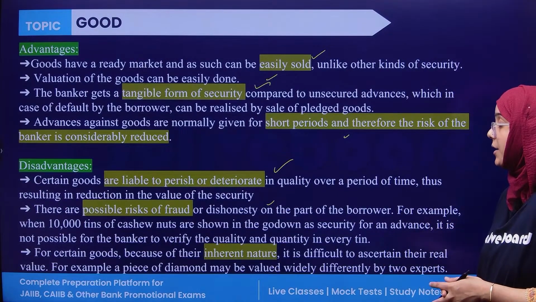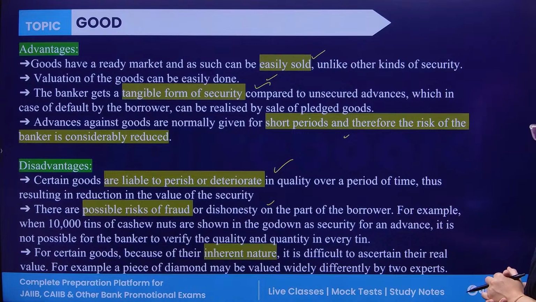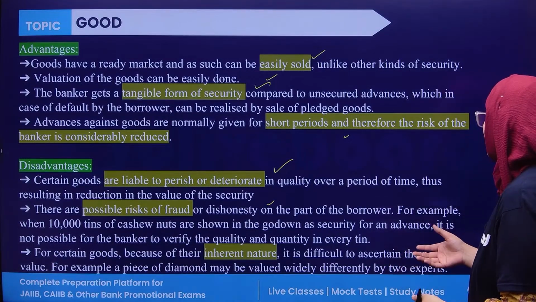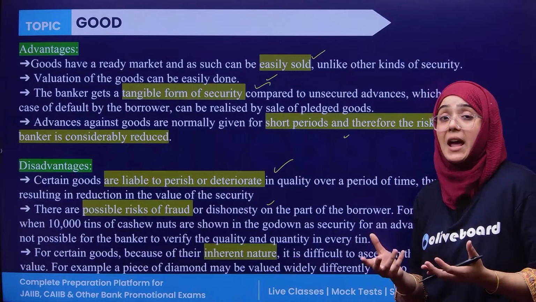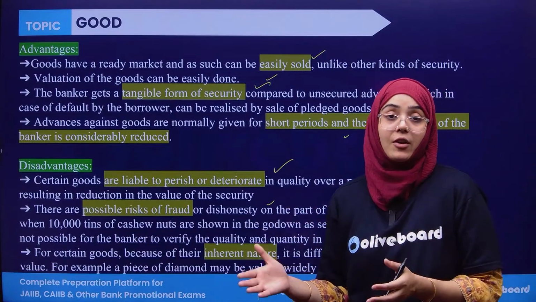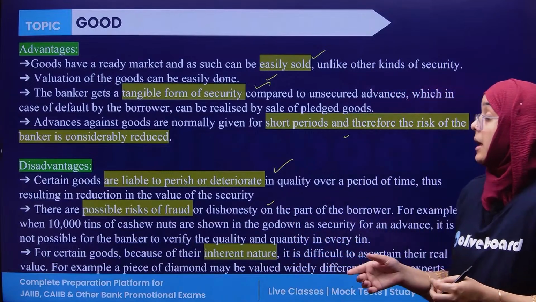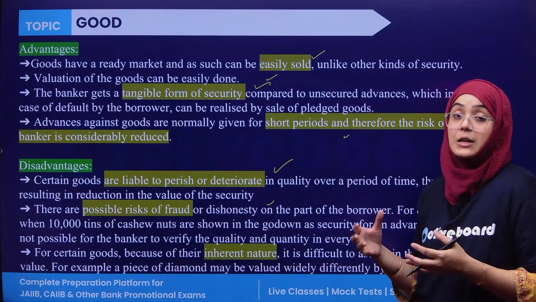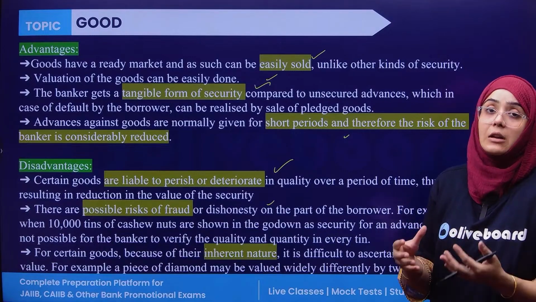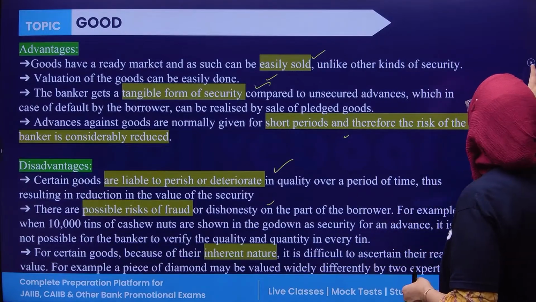Next, for certain goods, because of their inherent nature, it is difficult to determine their real value. For example, if you have given some antique or some diamond, diamond values differ at different points of time, and that's why the inherent value of such goods is actually difficult to ascertain in the market.